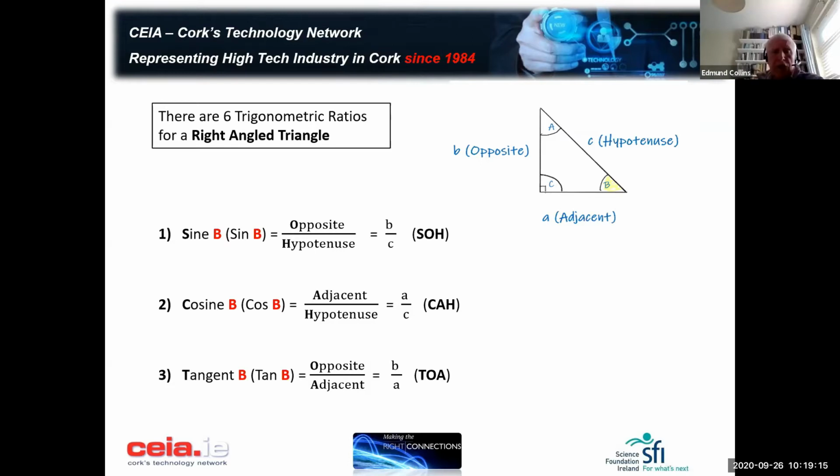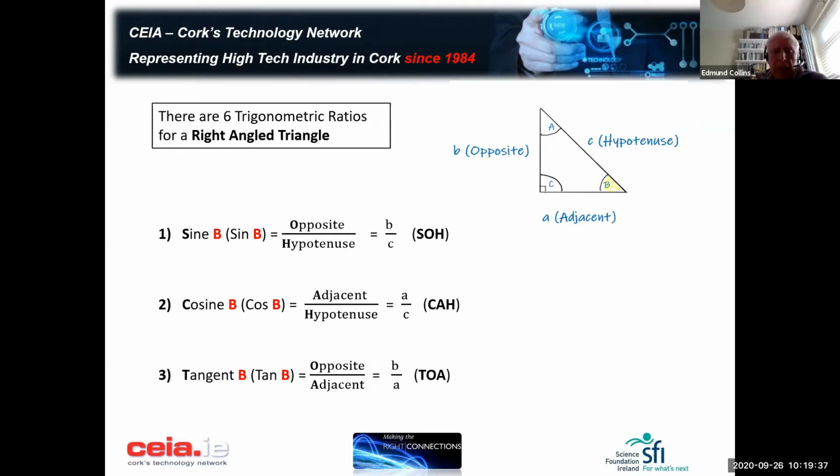The cosine is the adjacent over the hypotenuse, so that's a over c, and that's CAH, cosine, adjacent, hypotenuse. Tangent then is opposite over adjacent, so that's b over a, and that's TOA.